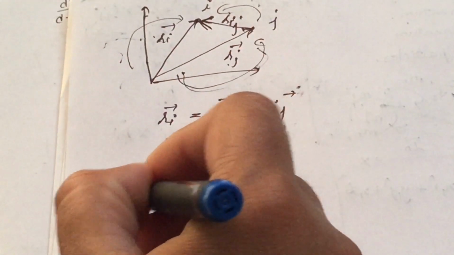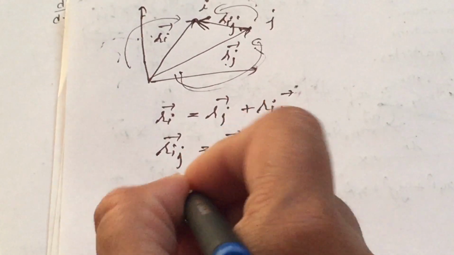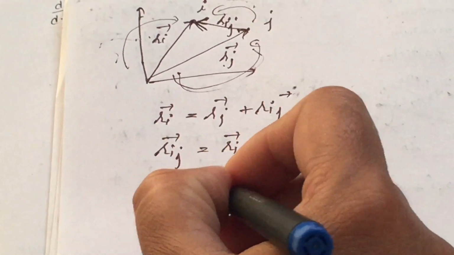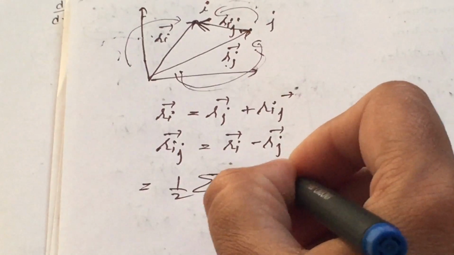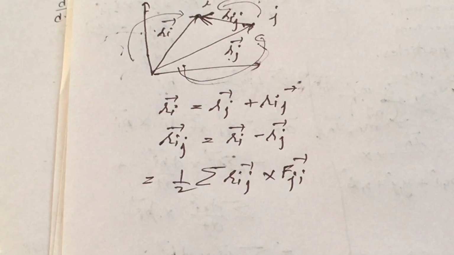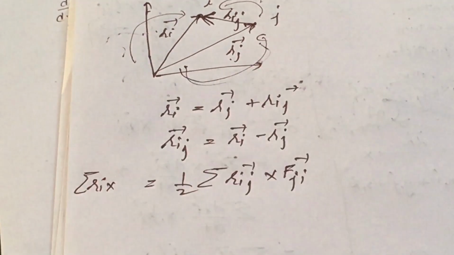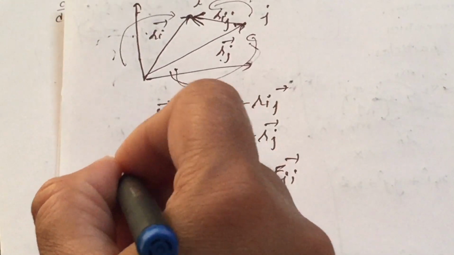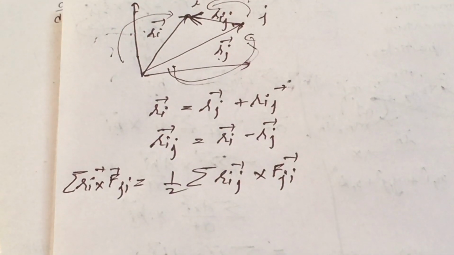Then what will we have? We will have half of the summation of rij cross with fji, which we already took constant from our last expression, and we are just expanding this expression in terms of our mutual forces.